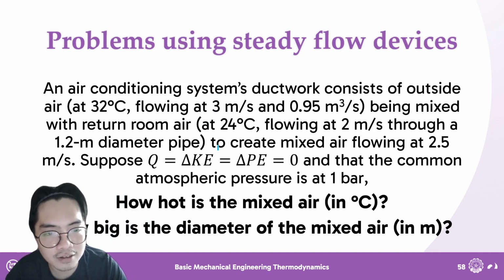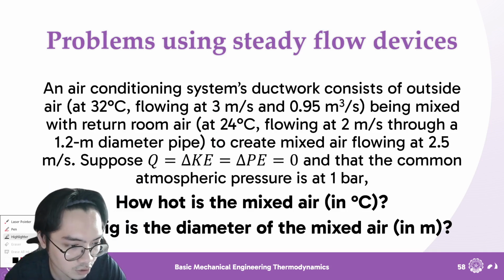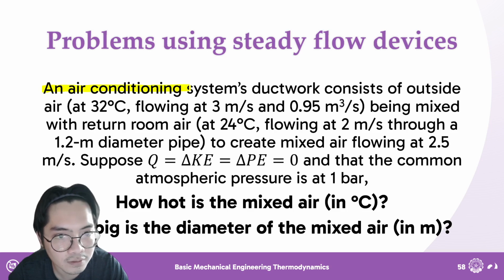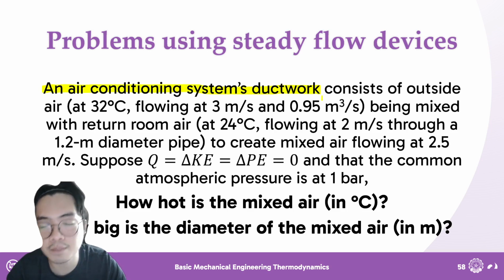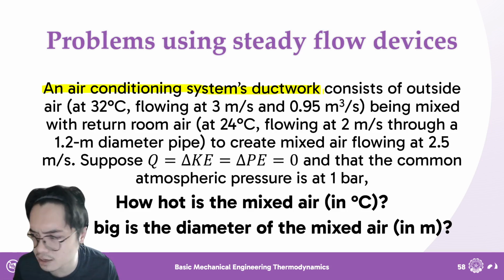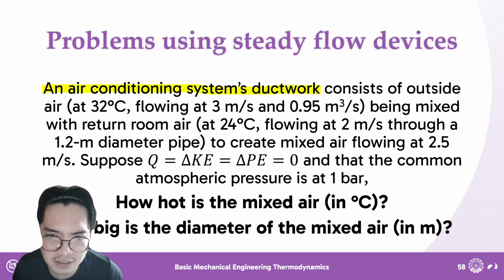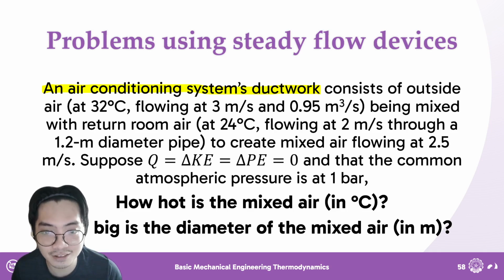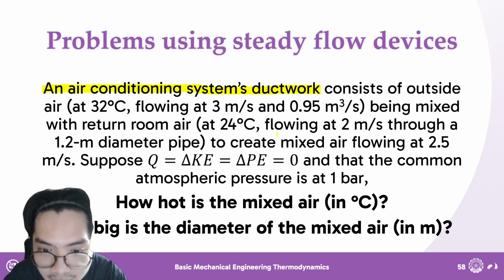Anyway, an air conditioning system's ductwork. So let's just get this going. Ductwork. This is an example of a mixing chamber, and you're saying to yourself, wait, how is this a mixing chamber? I will just say literally, there's the word mixed.